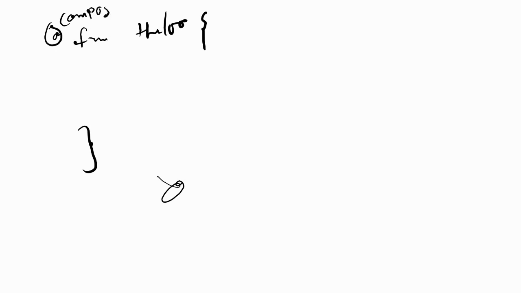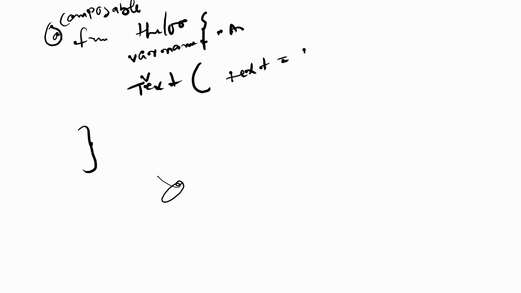Yeah, that's working. So for state, for example, you have a function called hello, and in this function you first have to add the composable annotation to make it a composable. Now in this composable, let's say you have a text, which is basically another composable function. In this text field you have provided a variable, for example var name, and this variable is given a value, Ankit, for example.